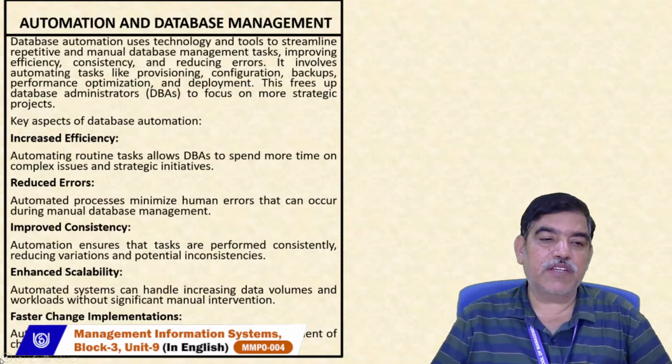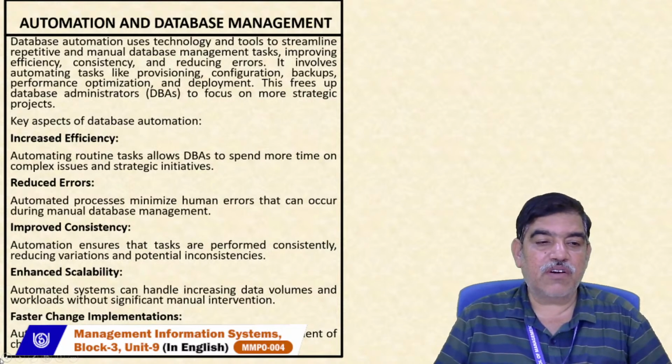The main aspects of database automation. Increased efficiency. Automating routine tasks allows DBAs to spend more time on complex issues and strategic initiatives. And it reduces errors. Automated processes minimize human error that can occur during manual database management. Improved consistency. Automation ensures that tasks are performed consistently, reducing variations and potential inconsistencies.